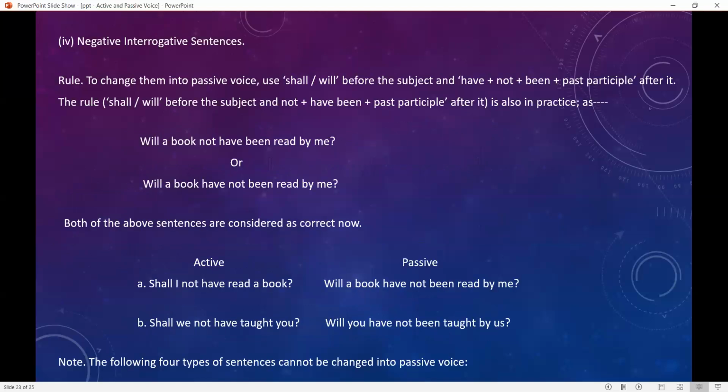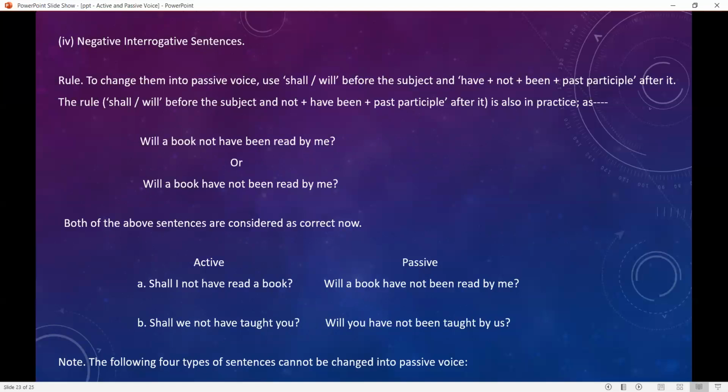Now moving on to the next one, that is negative interrogative sentences. The rule to change them into passive voice, use shall or will before the subject. Remember this. Have plus not plus been plus past participle after it.